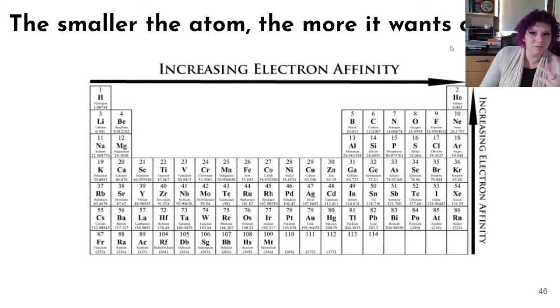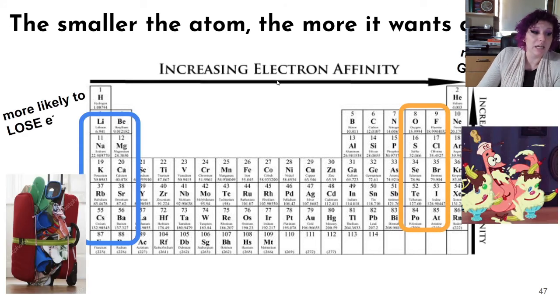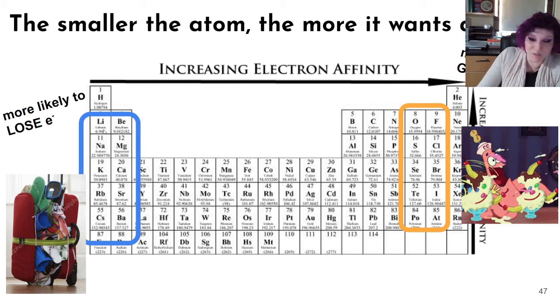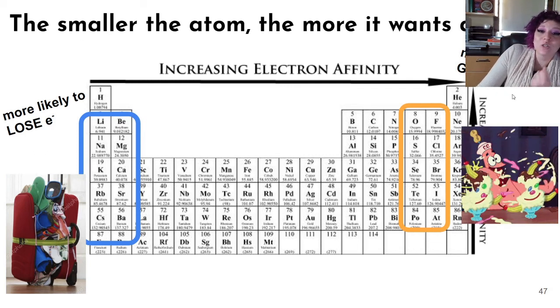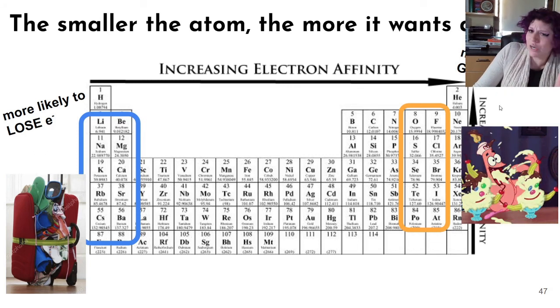Ooh, notice our patterns. Notice our patterns between size and electron affinity, size, and ionization energy. So again, on the left, we are more likely to lose electrons here. This is like the overstuffed suitcase. And on the right here, we are much more likely to gain an electron, very happily too.